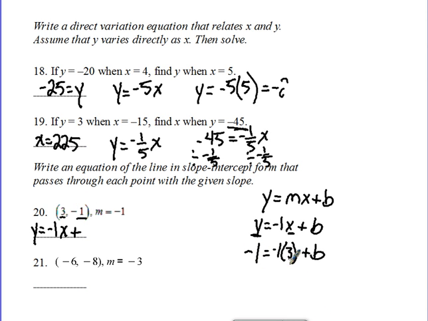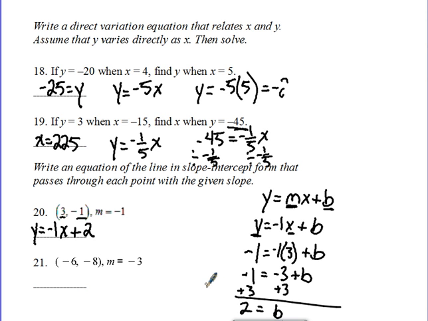So negative 3 plus b equals negative 1. If I add 3 to both sides, I get 2 equals b. My y-intercept, that's why it's called slope-intercept form, because they gave me the slope and I need to find the y-intercept. My y-intercept is 2, and my equation is y equals negative 1x plus 2.